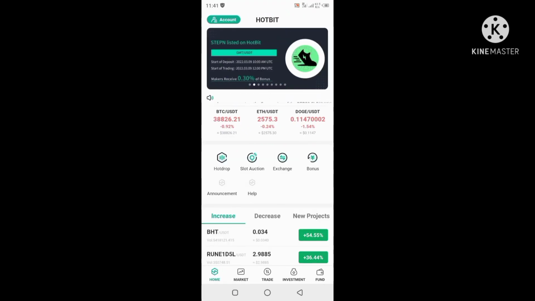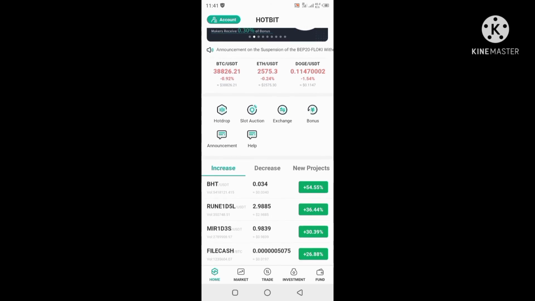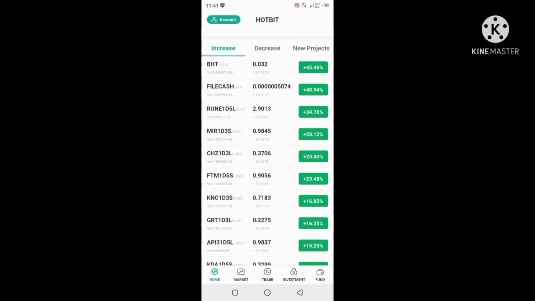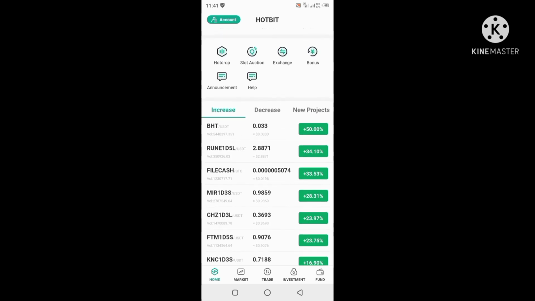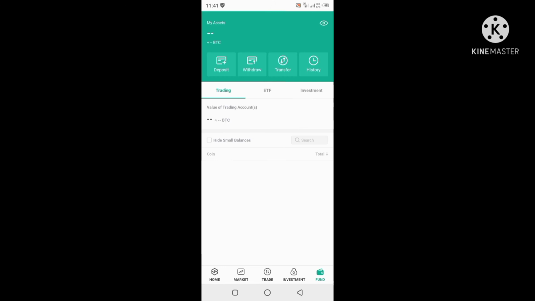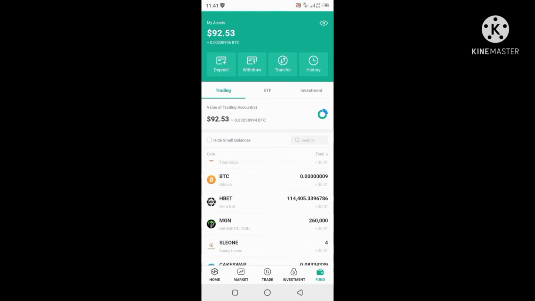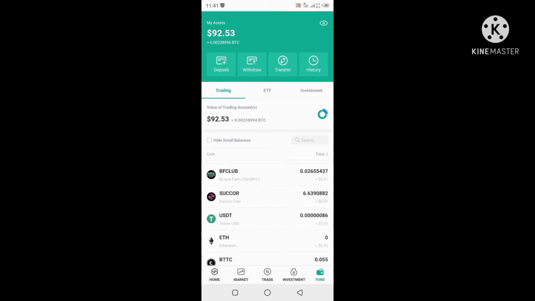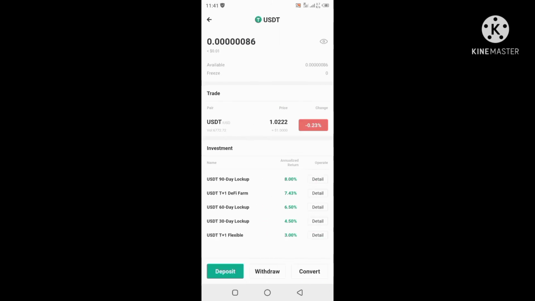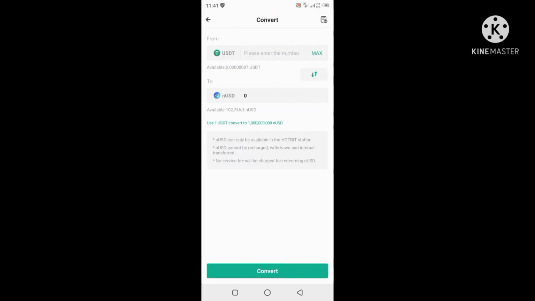So we are here on Hotbit. The very first thing you need to do is to convert the USDT you have to NUSD, because that's what we will be using for this transaction. So the first thing, you go to fund, look for your USDT. I don't have enough USDT, but I'll just show you. You go to USDT and you come to convert.